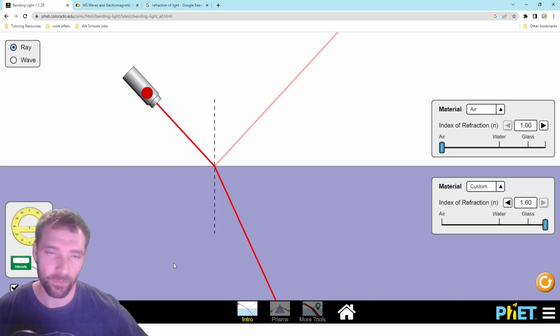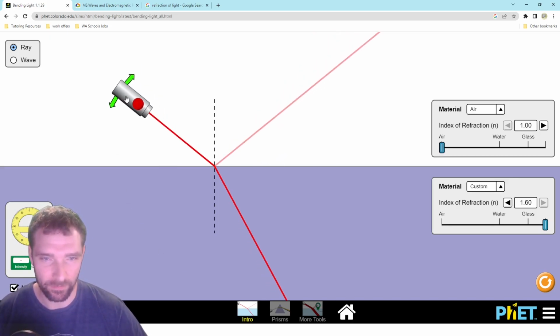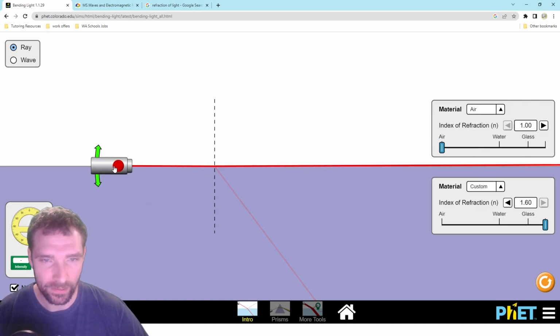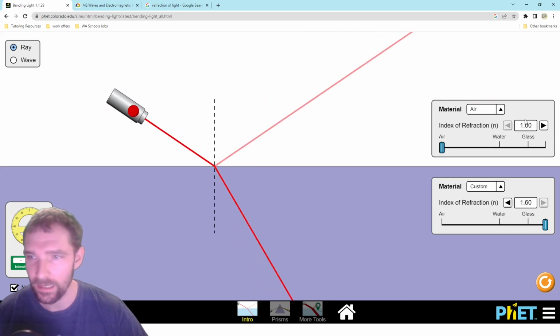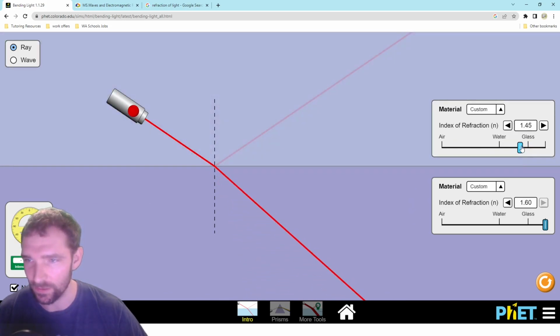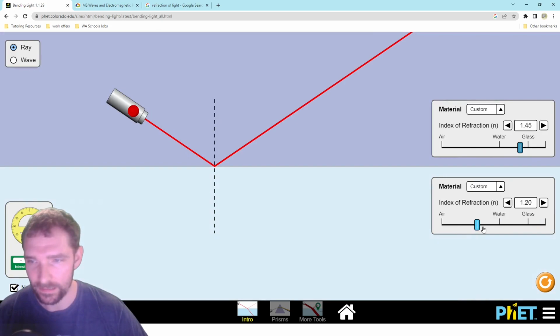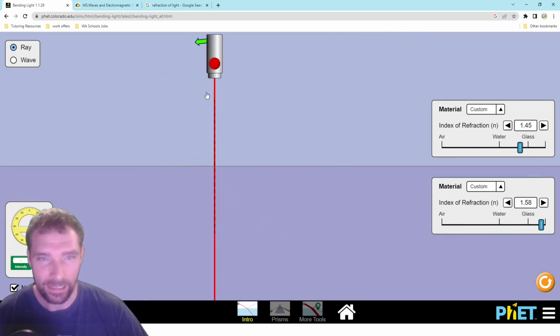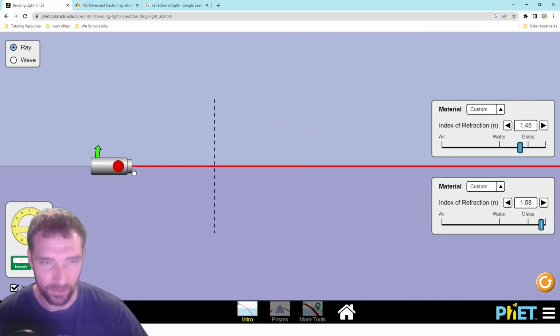One other thing I want to point out, this is going to be relevant for some of our problems, is that you can have an angle where none of the light is able to be refracted, but that only happens when you're going from something that's more dense to something that's less dense. If I have this be more dense, any angle coming in will give some angle going out.